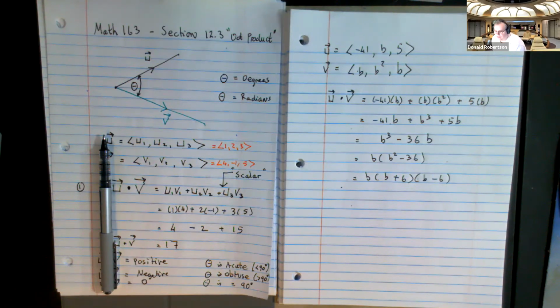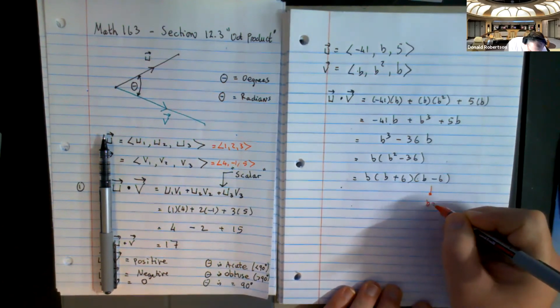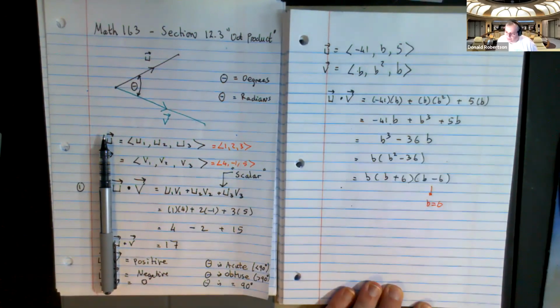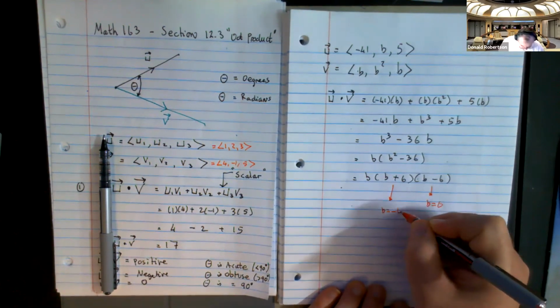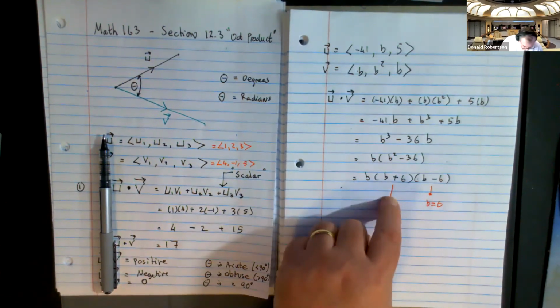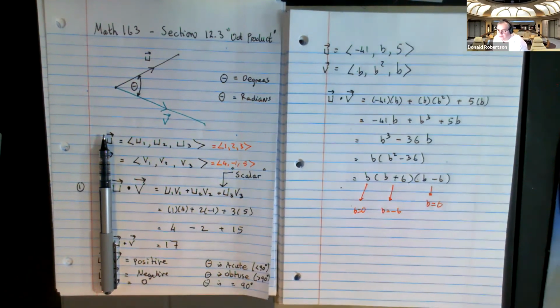And there are only 3 values of b that will be true. If b is equal to 6, won't this be 0? And so they'll be at right angles. If b is equal to negative 6, it'll be 0. And if b equals 0, it will be 0.